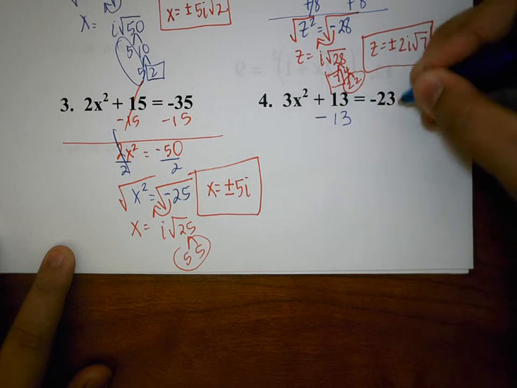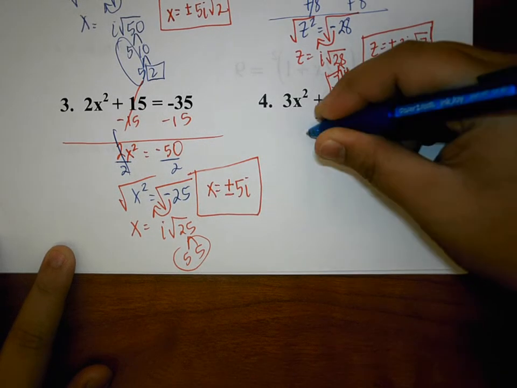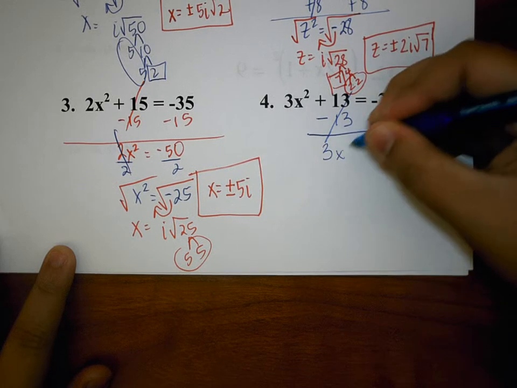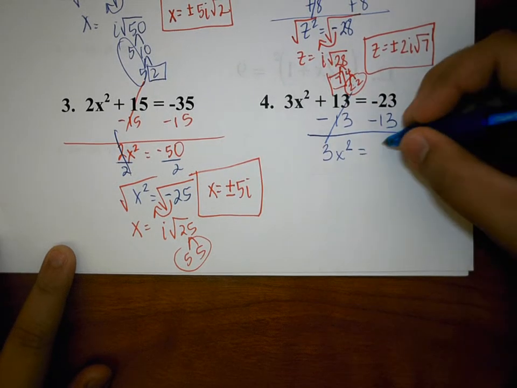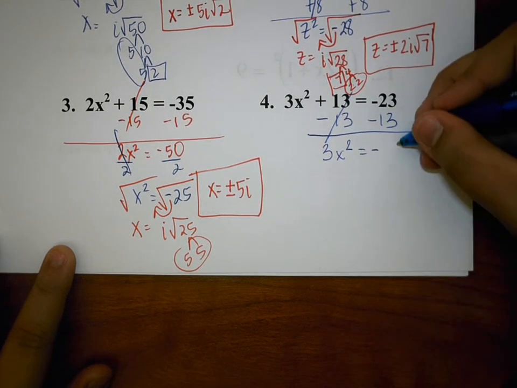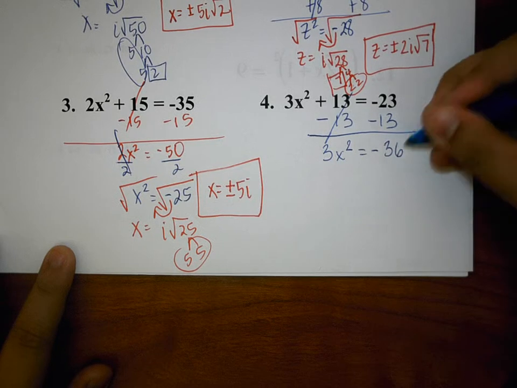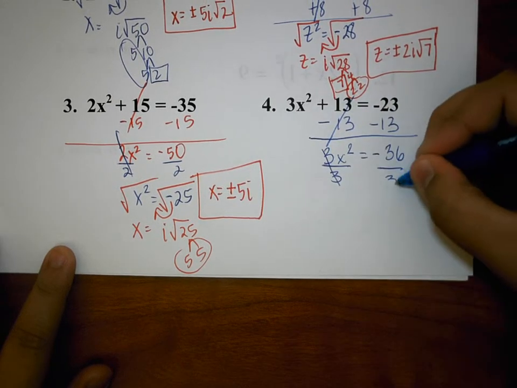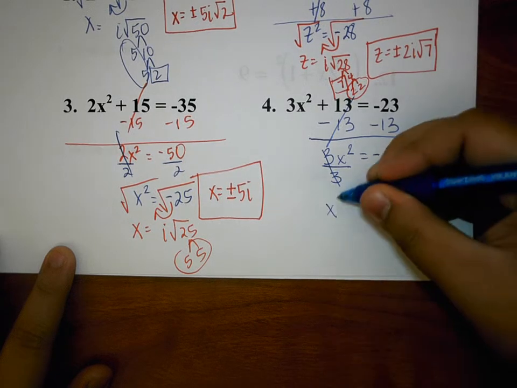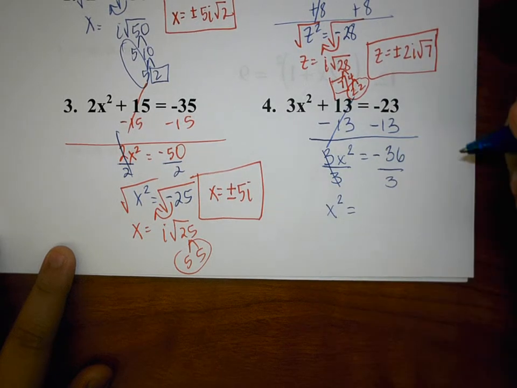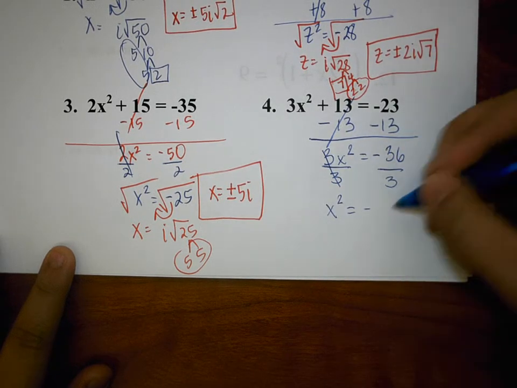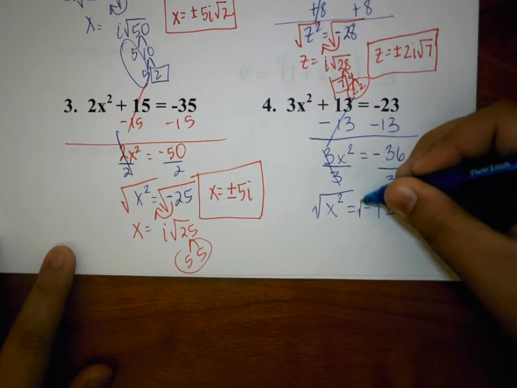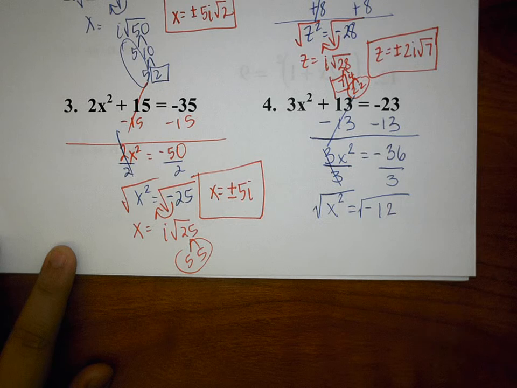Okay, so the first thing she's doing is subtracting 13 from both sides so that she can get the square by itself. So she gets 3x squared equals, and when there's two negative numbers, she is adding them and it stays negative. So she got negative 36. Next, to get the square by itself, she's dividing both sides by 3. So she gets x squared equals negative 12. Now that the square is by itself, she's taking the square root of both sides.